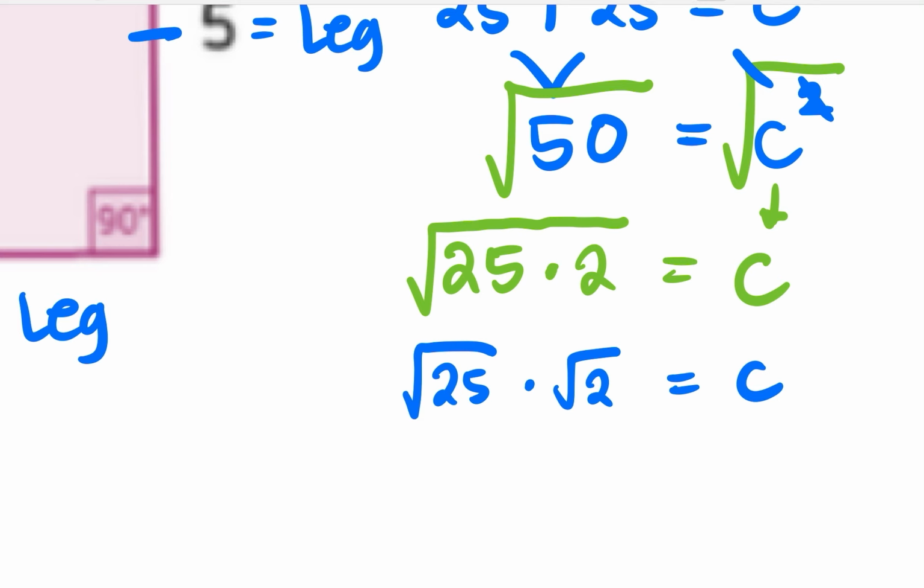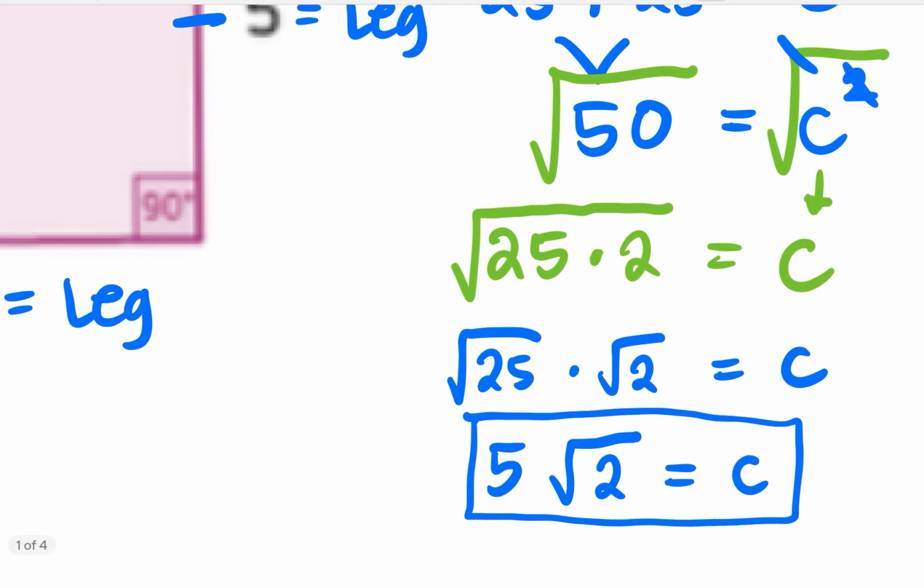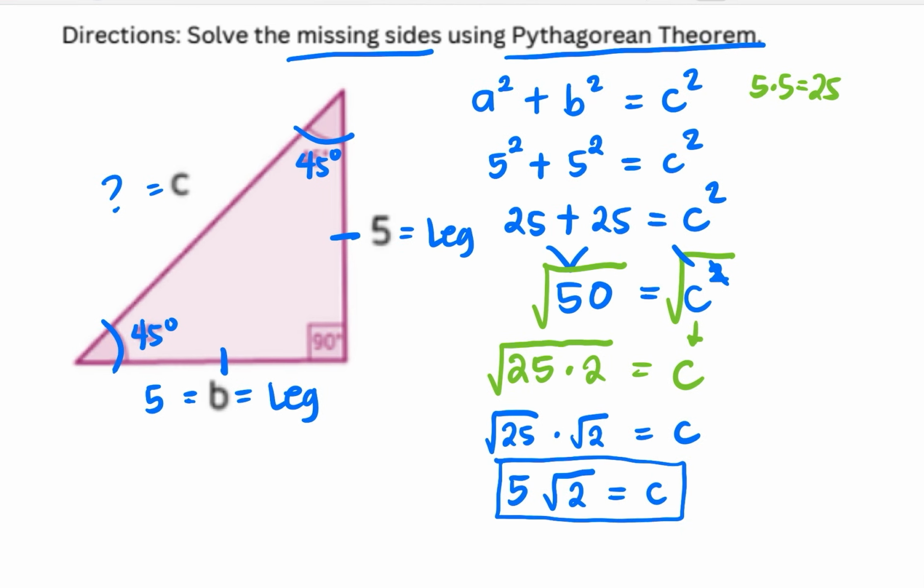The square root of 25 is a perfect square, which is equal to 5. The square root of 2 is not a perfect square, so we just drop down the square root of 2. Therefore, the value of c is 5 square root of 2. We're going to write that answer right here.